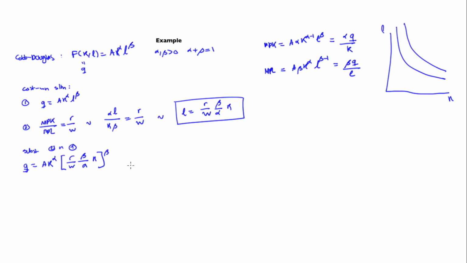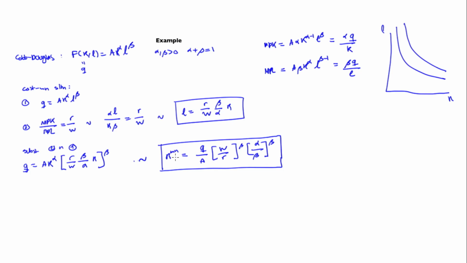Okay, and if you solve the algebra here and use the fact that alpha plus beta equal 1, after some algebra this is equivalent to the minimum level of K being equal to Q divided by A times W divided by R to the beta, and alpha divided by beta to the beta. So that's our first solution. That tells us what the cost minimizing level of capital is for any prices W and R.